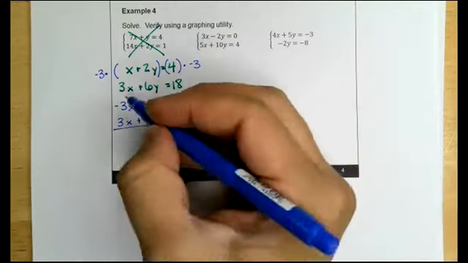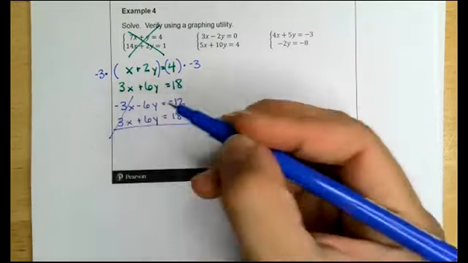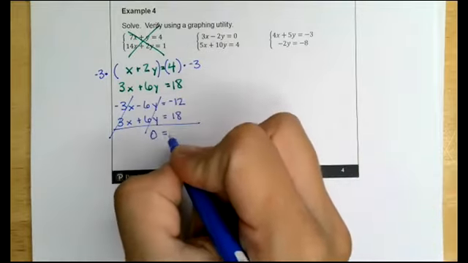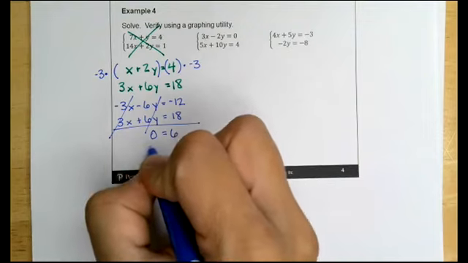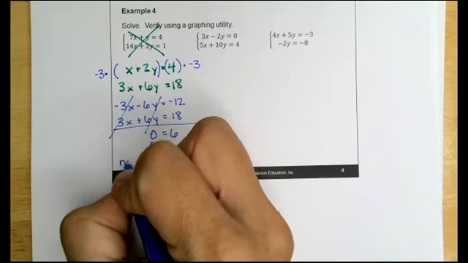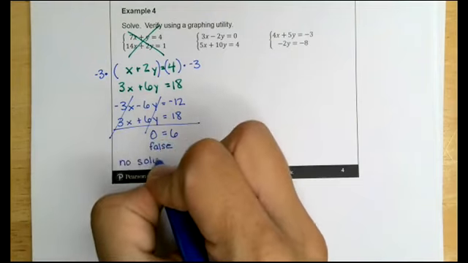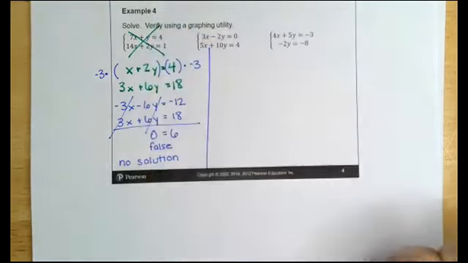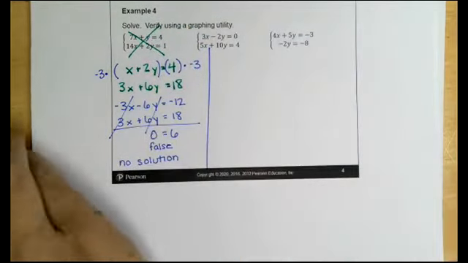This doesn't look good. So these eliminate. These eliminate. So I have 0 is 6. This is false. So we will say no solution. No solution is possible. All right, the next one.